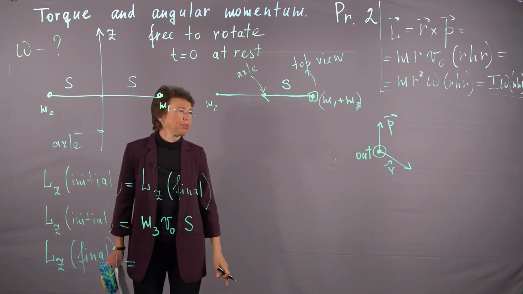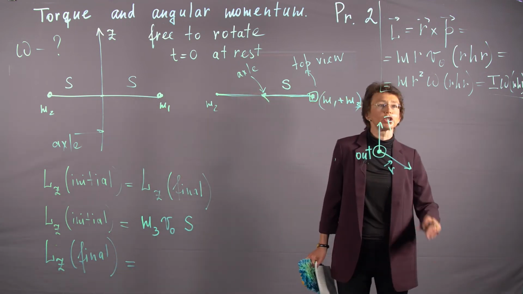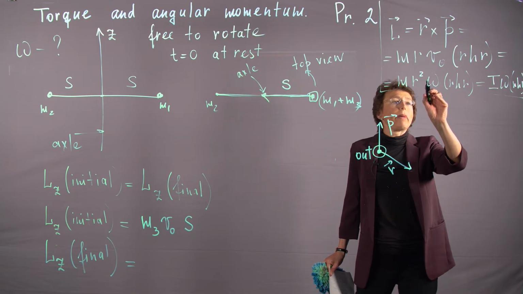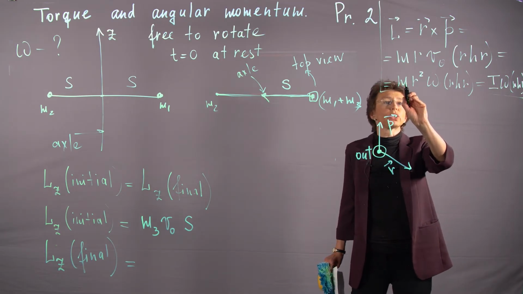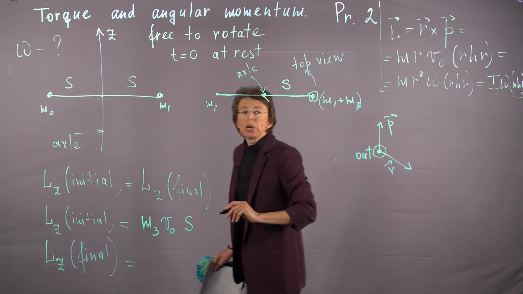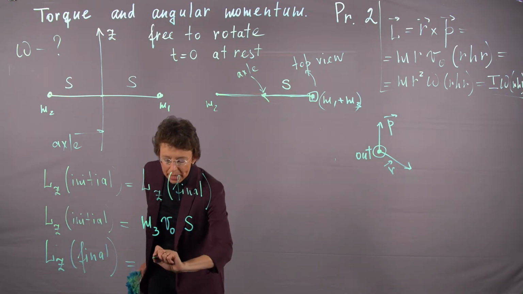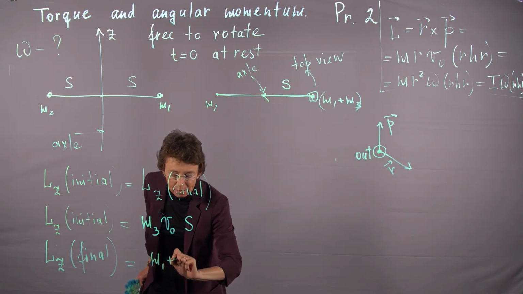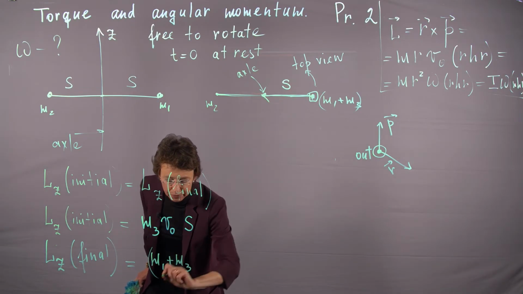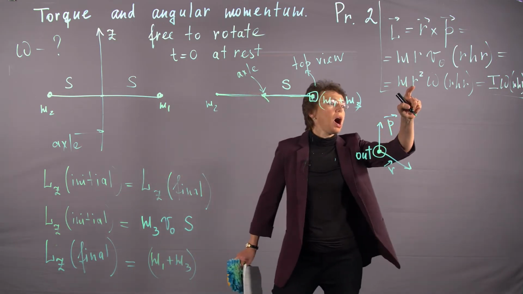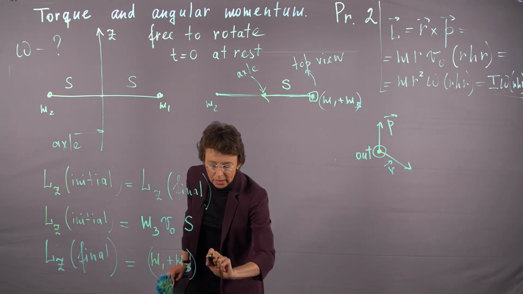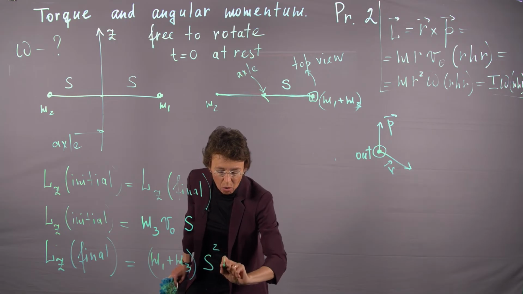What is LZ final? Let's figure out which formula to use. We are looking for omega. So I will be using the formula m r squared omega. What do we have? We have M1 plus M3, R is S, squared, omega.